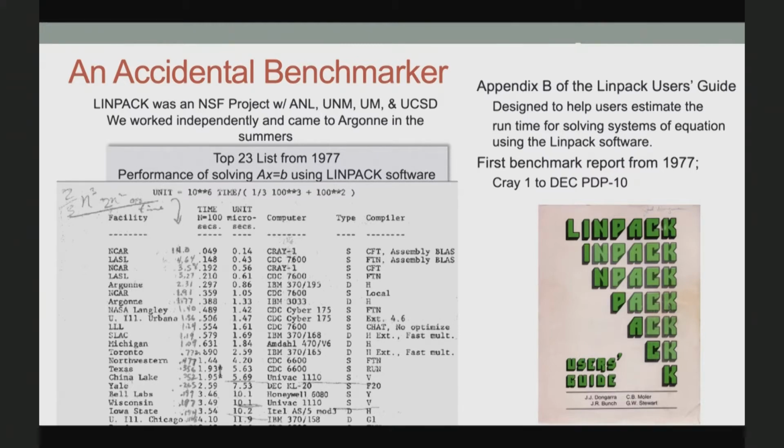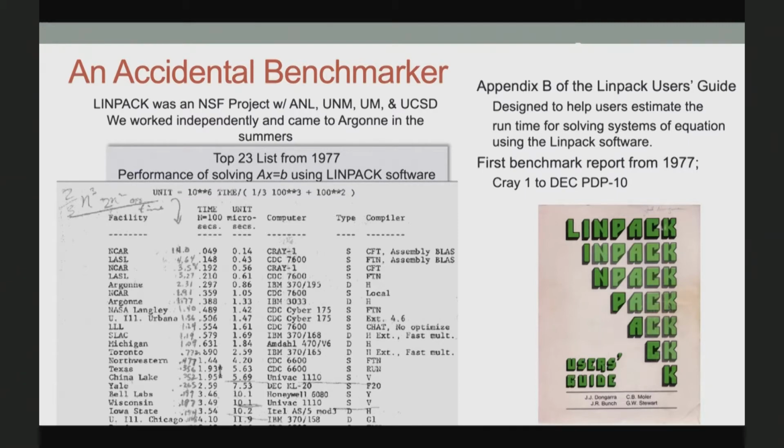The system of equations took 2/3 n cubed floating point operations. It did Gaussian elimination with partial pivoting. The fastest system was a machine at the National Center for Atmospheric Research in Boulder, and it solved that system in 14 megaflops. That was the execution rate on that Cray 1 system back in 1977.